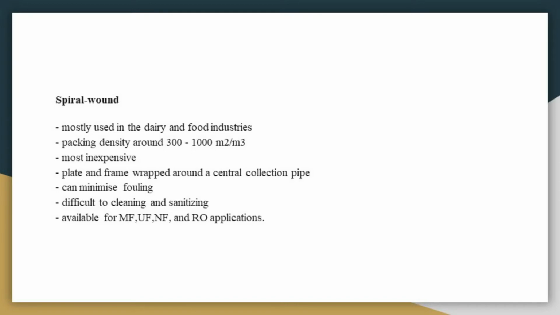Okay, the last one is spiral wound. This configuration is mostly used in the dairy and food industry. The packing density is around 300 to 1,000 square meters per cubic meter. It is the most inexpensive. The membrane is wrapped around a center collecting pipe.